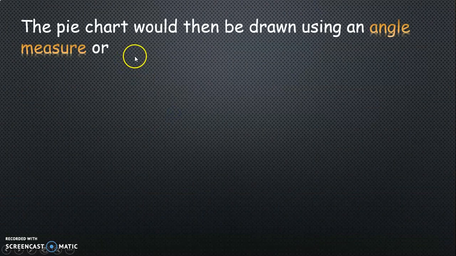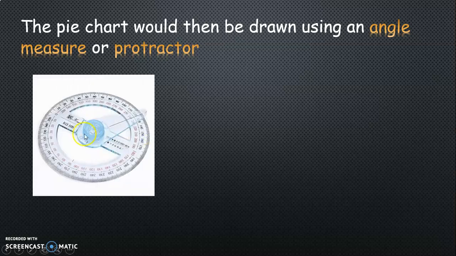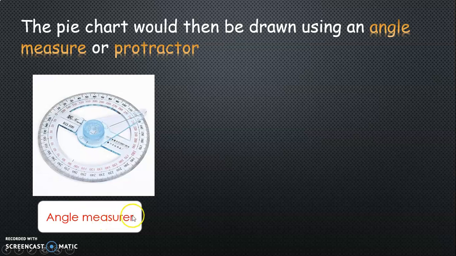The pie chart would be drawn using an angle measurer or a protractor. If you are not familiar, what is an angle measurer? This is an example of an angle measurer that we don't usually see.